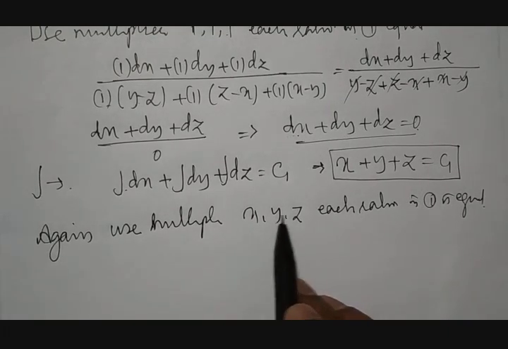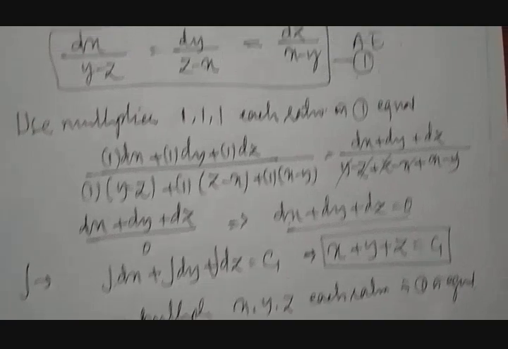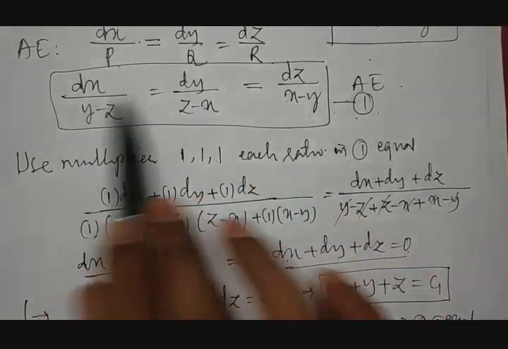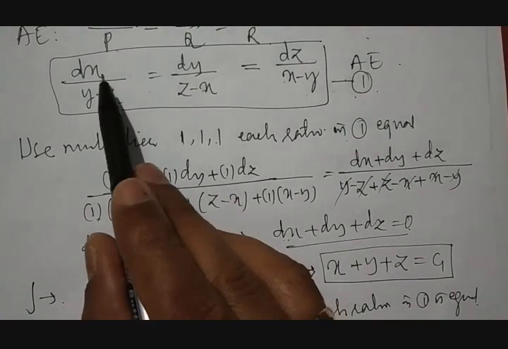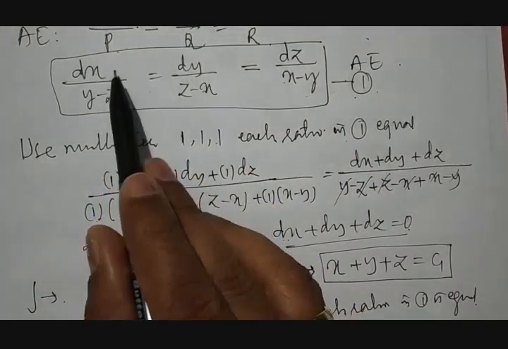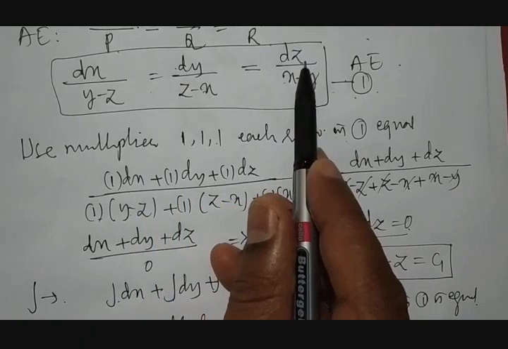x, y, z will be multiplied to both numerator and denominator and we will take the summation. First term, x into dx plus y into dy plus z into dz.